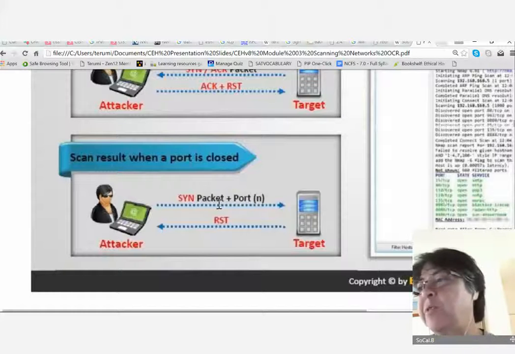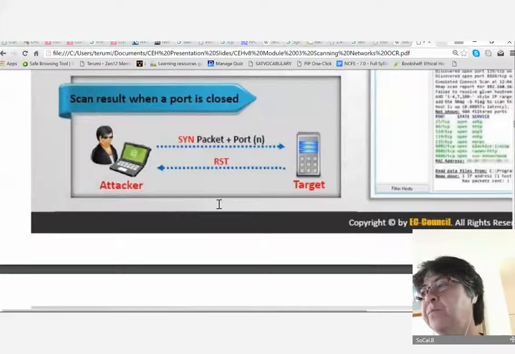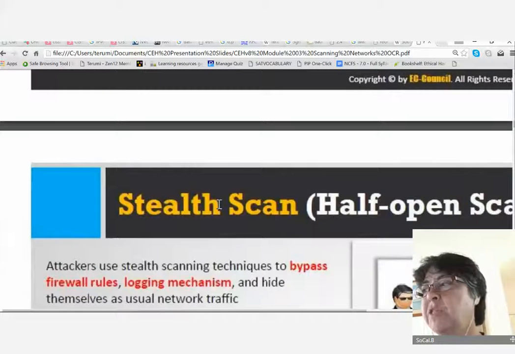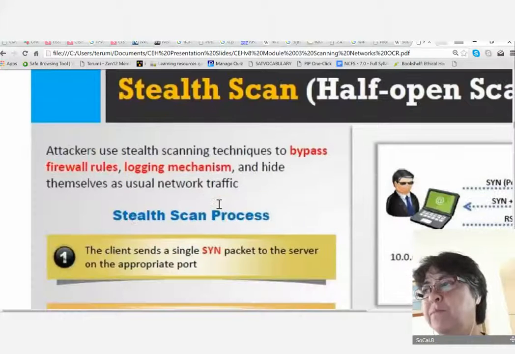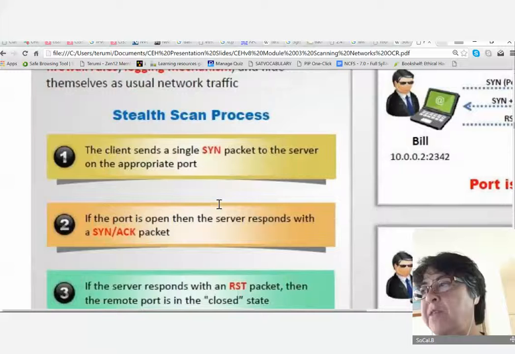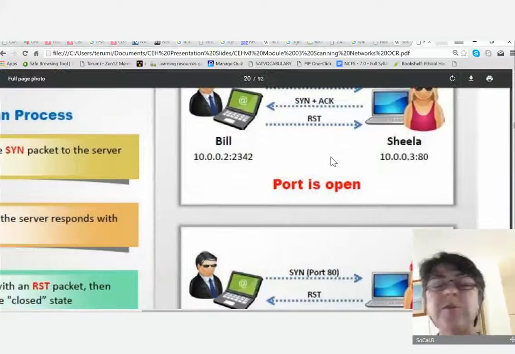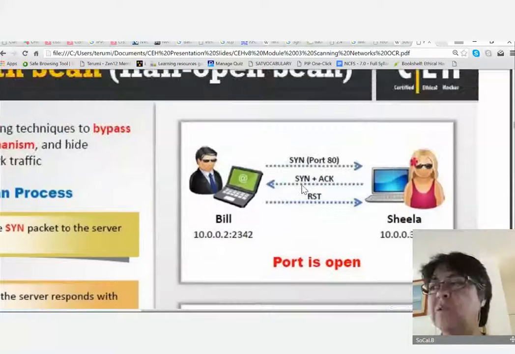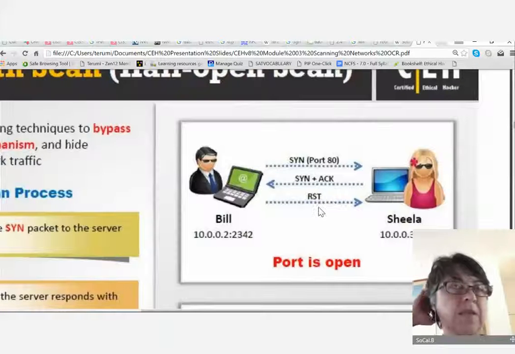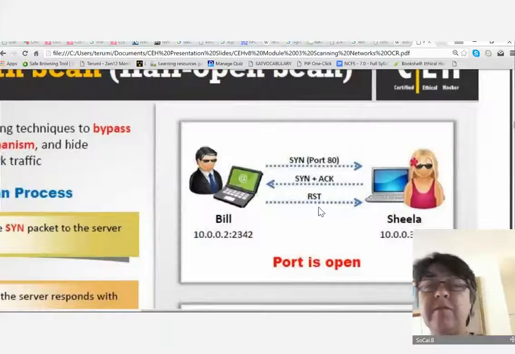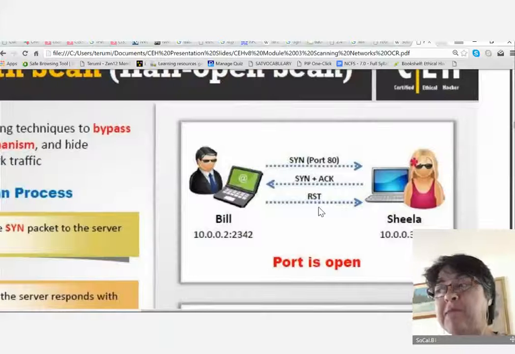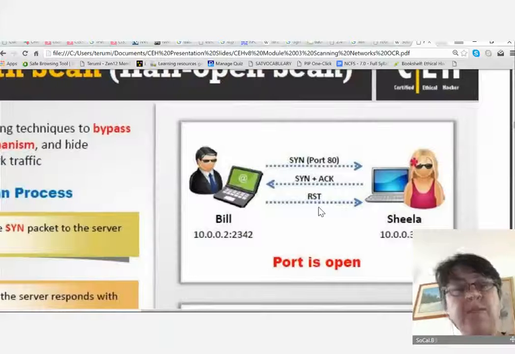So now the stealthy scan, the one that you need to know. This one is called a half-open scan. In the half-open scan, you send the SYN on port 80, it comes back with SYN ACK, but you don't return an ACK. You just send a reset. If you don't send a reset, this is one side of SYN flooding. But this is not really a SYN flood because you're not spoofing the IP address.